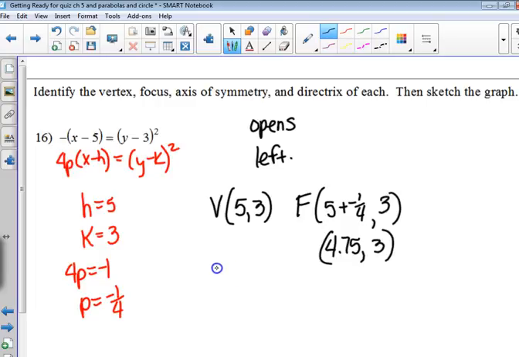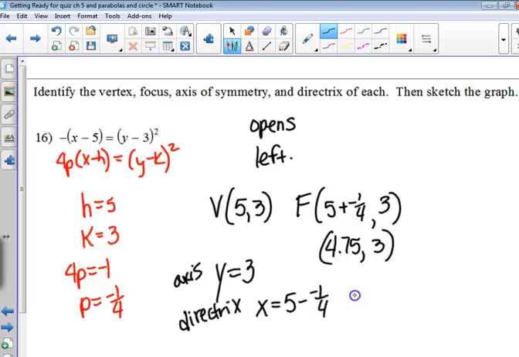And I'm supposed to have an axis of symmetry, which is y = k. And I'm supposed to have a directrix, which is at x = h − p. Be careful, minus a negative, 5.25 or 21/4, I think, as a fraction.